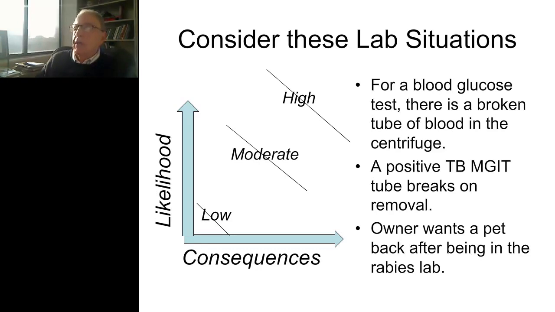An owner wants a pet back after it's been tested for rabies. Well, there's no treatment for rabies. And once something's been in the rabies laboratory, it could be cross-contaminated from other positive rabies samples. So high likelihood and high consequences. So you naturally would not allow that pet to leave that laboratory.